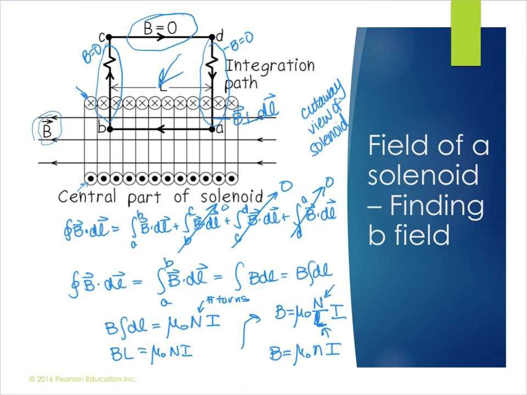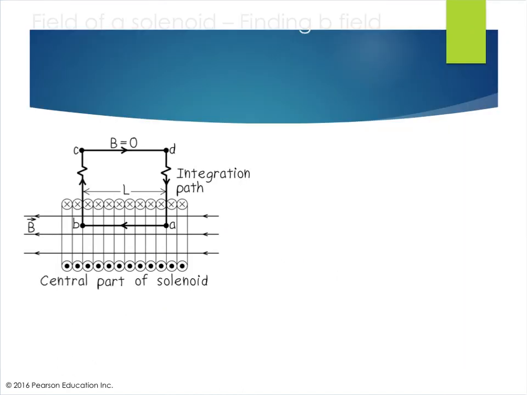Little n is number of turns per length. Oh, I should have written it here. So B can either be written as mu naught N over L times I, or mu naught little n times I, where this is the number of turns per length.